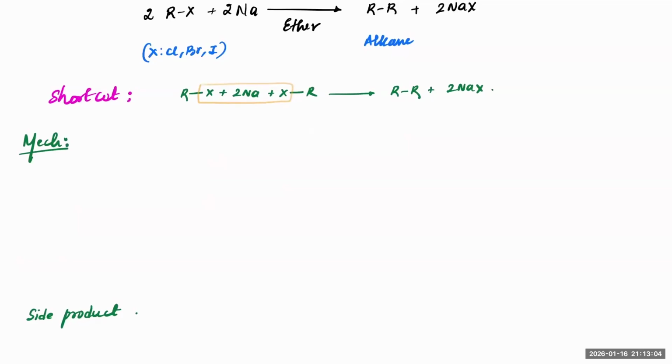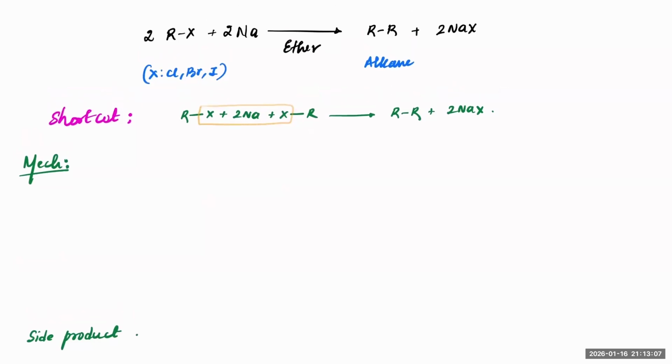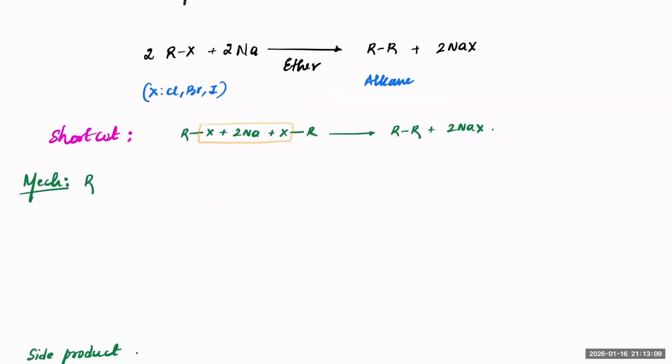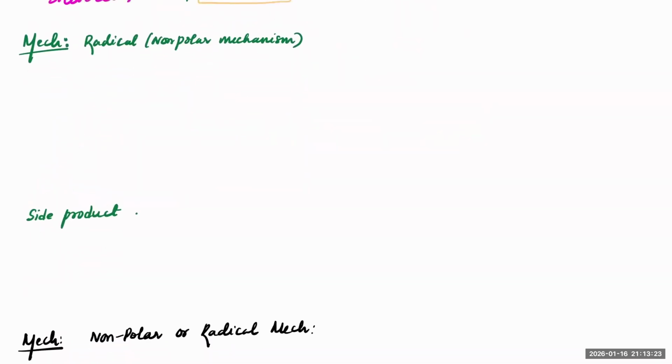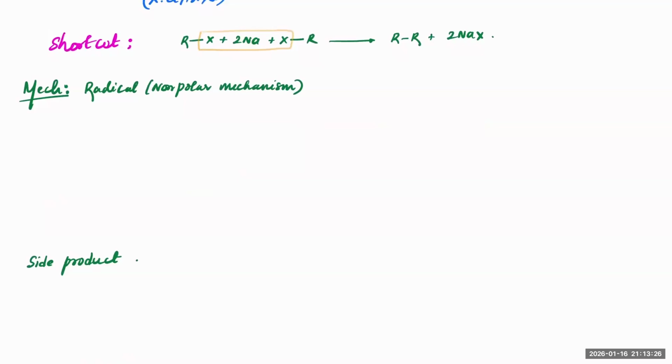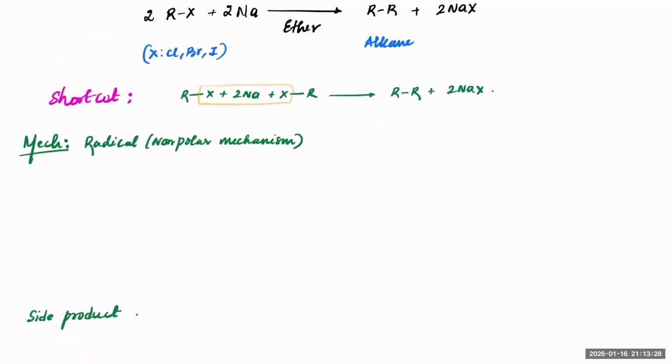There are two types of mechanisms that are suggested. The first mechanism is called radical or non-polar mechanism. In the case of non-polar mechanism, what you would see here is that, let me start off with a simple molecule here. Let's say I have an alkyl halide like this, correct?